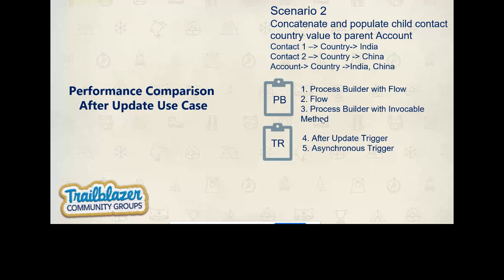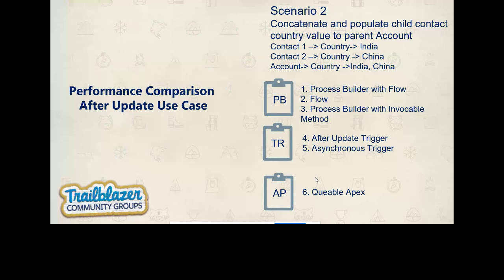One is an after update trigger, and the second one is an asynchronous trigger. I'm not sure if you have used asynchronous triggers before. If not, I will give you a high level overview of what an asynchronous trigger is and how you can implement it. And the last solution option is again asynchronous, which is using Queueable Apex.